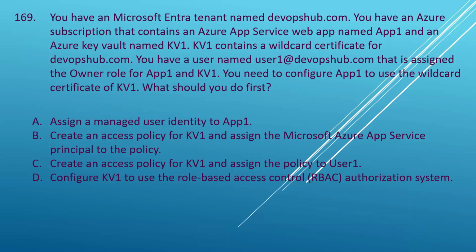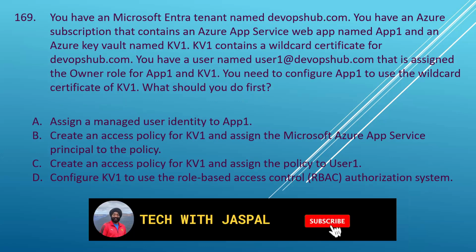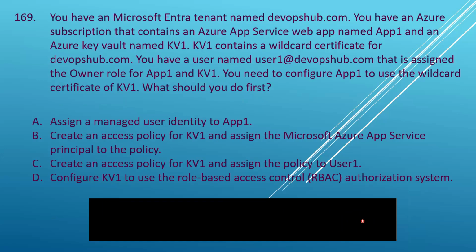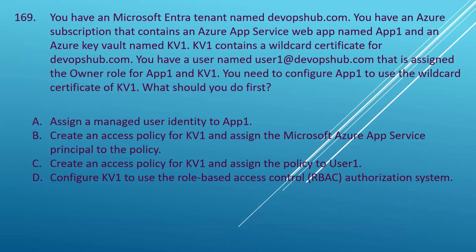You have a Microsoft Entra tenant named DevOpsHub.com. You have an Azure subscription that contains an Azure App Service web app named App1 and an Azure Key Vault named KV1. KV1 contains a wildcard certificate for DevOpsHub.com. You have a user named user1 at DevOpsHub.com that is assigned the Owner role for App1 and KV1.